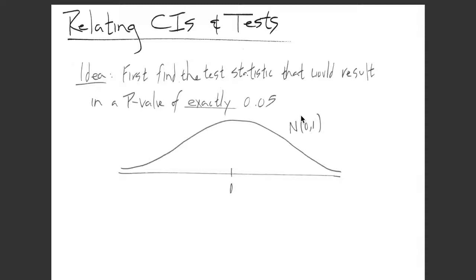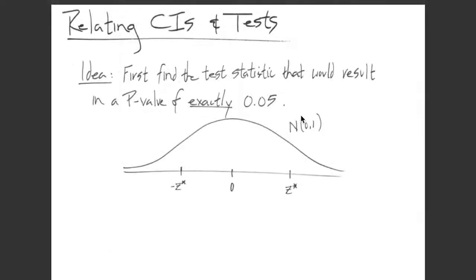Now, we're doing a two-sided significance test here. So there's actually going to be two z-scores, two test statistics, that give us a 5% p-value. That's because in a two-tailed test, you look at both the tail to the right of 0 and the tail to the left of 0.